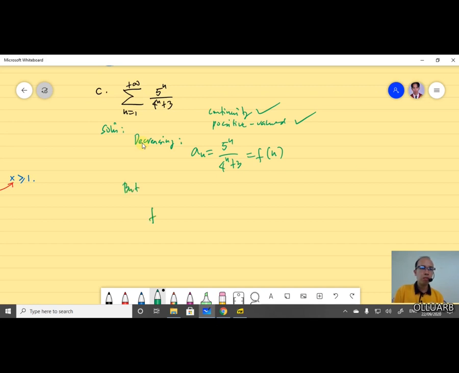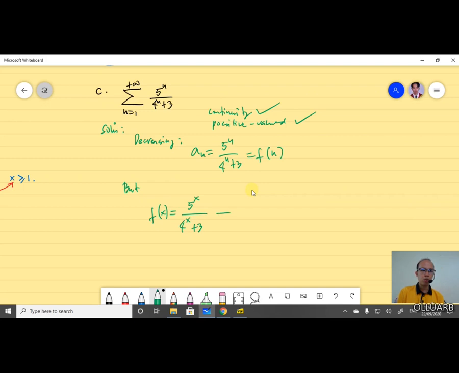Now the derivative. Replace, I'm sorry, so what happened, just wait patiently. Is the derivative of our function f of x not less than 0, where f of x is 5 to the x over 4 to the x plus 3?